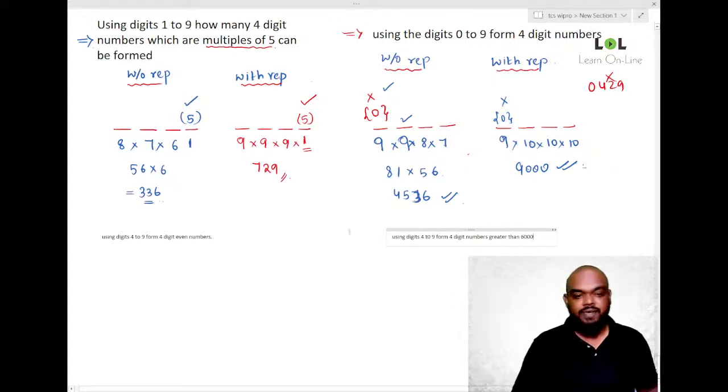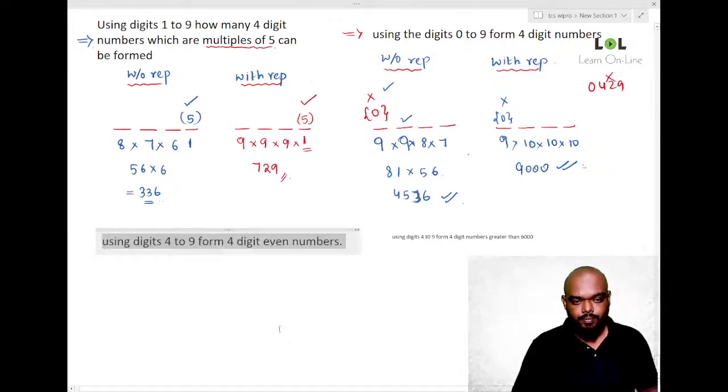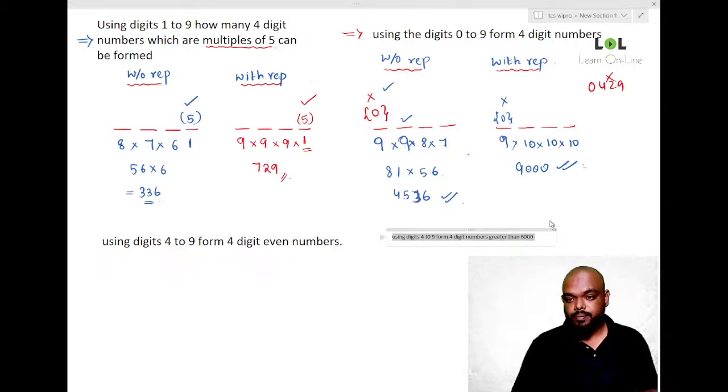These are the two questions we have now. Let us start both of them. Let me increase the size. Yeah. Two questions. Let us work on both of them.